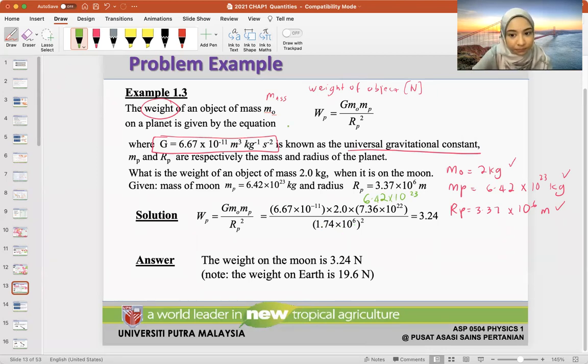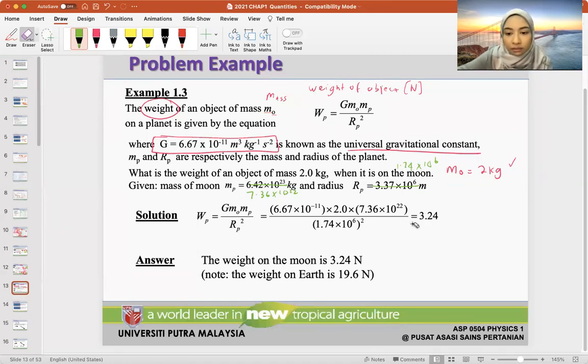Oh, I can't edit it. Okay, so basically the numbers are wrong. Let's just change this one to make life easier: 7.36 times 10 to the 22, and for the radius we follow 1.74. You can ignore this one. Okay, so this is the value for MP. Substitute the values and you will get the answer in newtons.